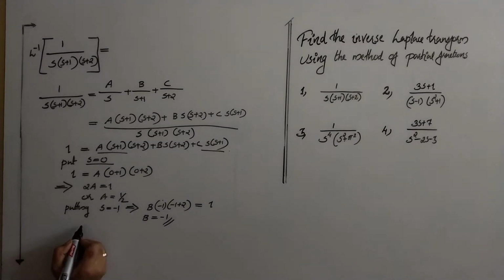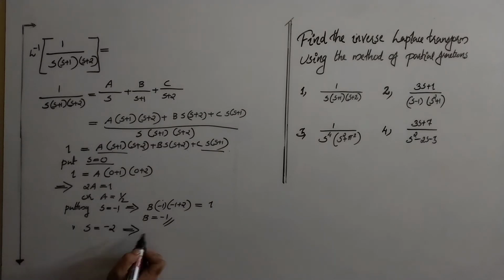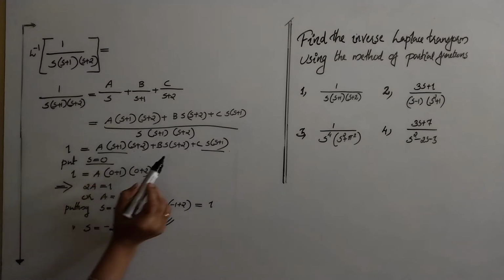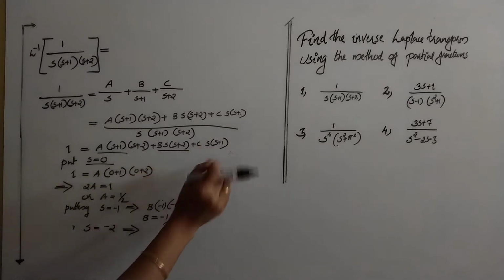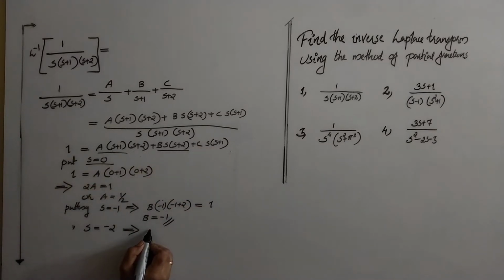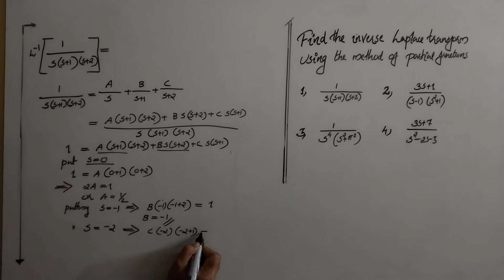And if we put s is equal to minus 2, this term becomes 0 and this term also becomes 0. So c into minus 2 into minus 2 plus 1 is equal to 1. This implies minus 2 plus 1 is minus 1.